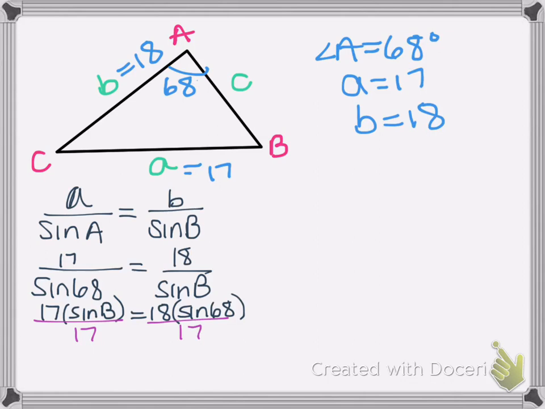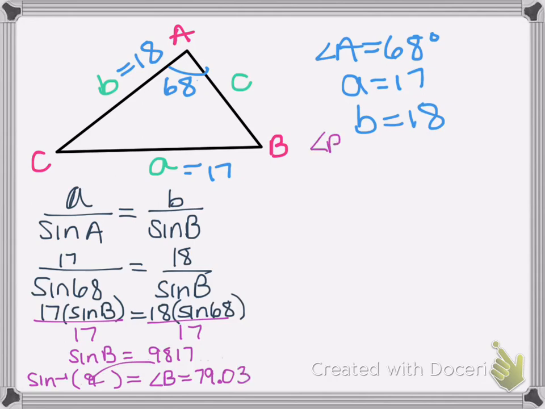And when I type that in the calculator, I end up with the sine of B equals 0.9817, and so on. So I'm going to do the inverse sine of 0.98, that whole number, and I get angle B equals 79.03. And we're going to say that this is angle B1 because we're going to assume that there's a second triangle.